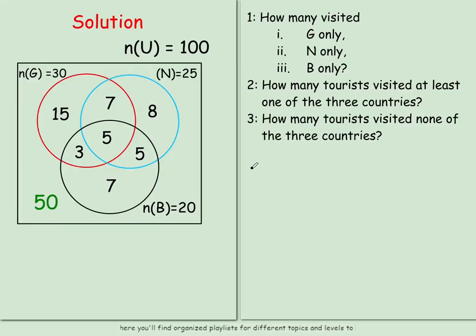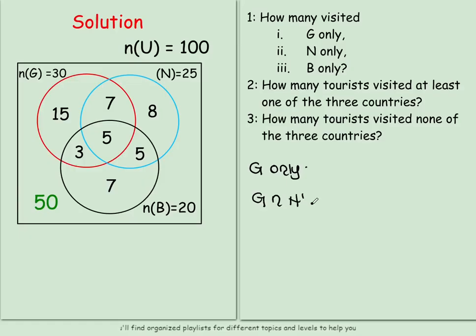So G only in English is written as G only. But if you want to write it with the notations, that is G intersection N prime intersection B prime. So it is equal to all of G over here. So all of G, and then we took out this 7.